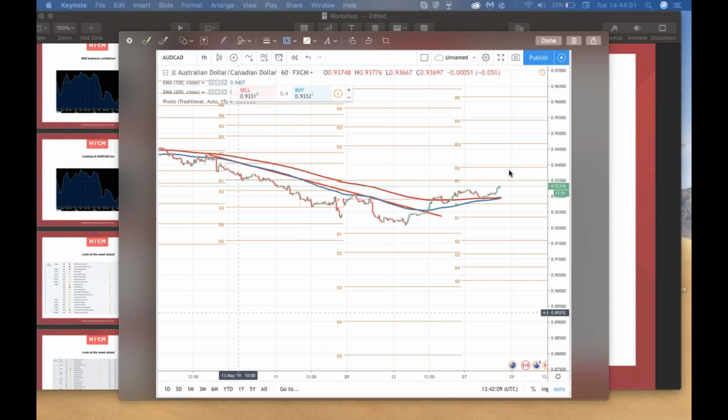So I've got quite a big stop on that. I could perhaps bring it tighter. I could perhaps bring it down to 0.9380, something like that.